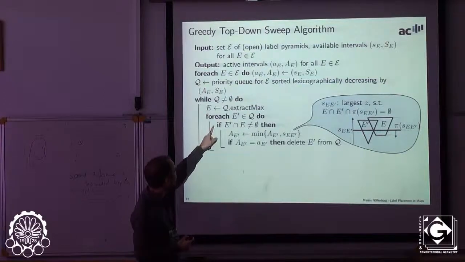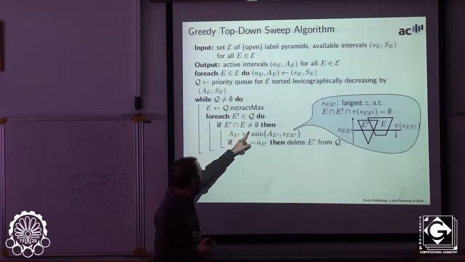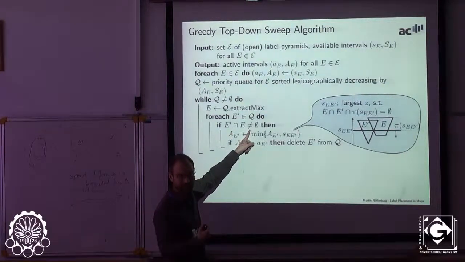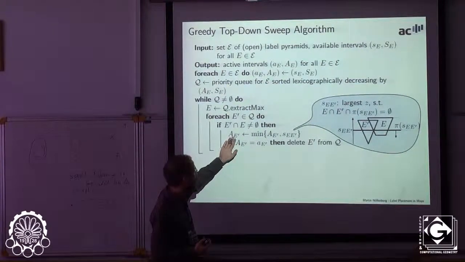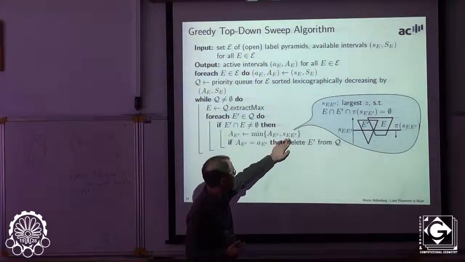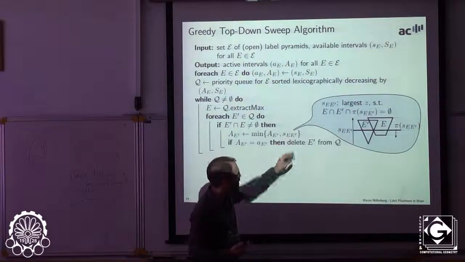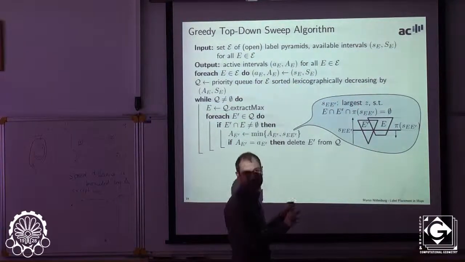So we go over all other labels that we have not decided yet, see if they have non-empty intersection with the one that we just chose, and then we need to update the upper end of the active range. And this we put to the minimum of the current value and this value E E prime, which is simply the largest scale at which these two labels still can live together.